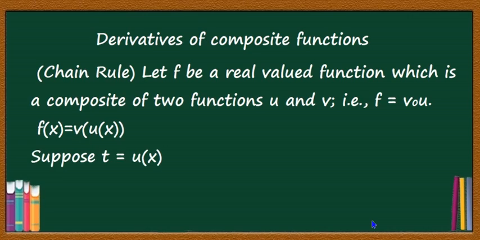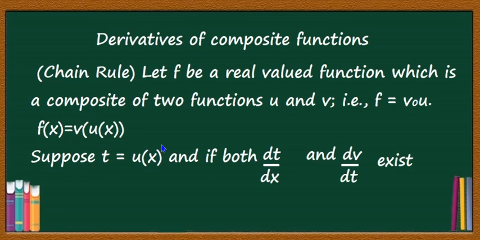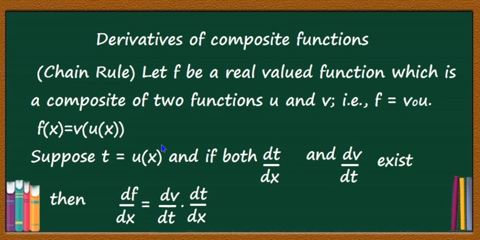And suppose t is equal to u of x, and f of x is v of t. And both dt by dx and dv by dt exist. Then df by dx is equal to dv by dt into dt by dx.